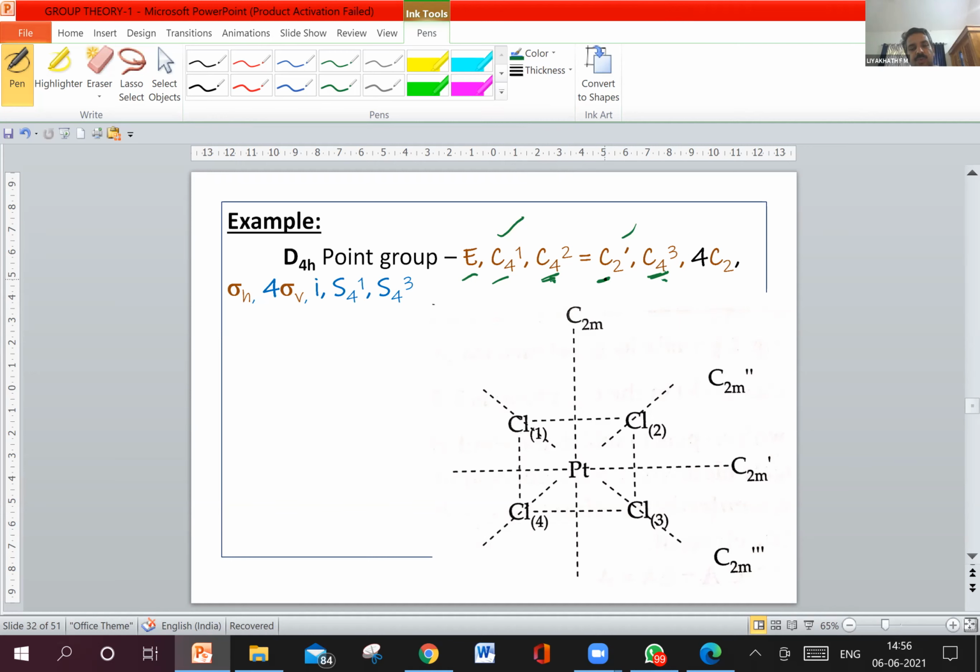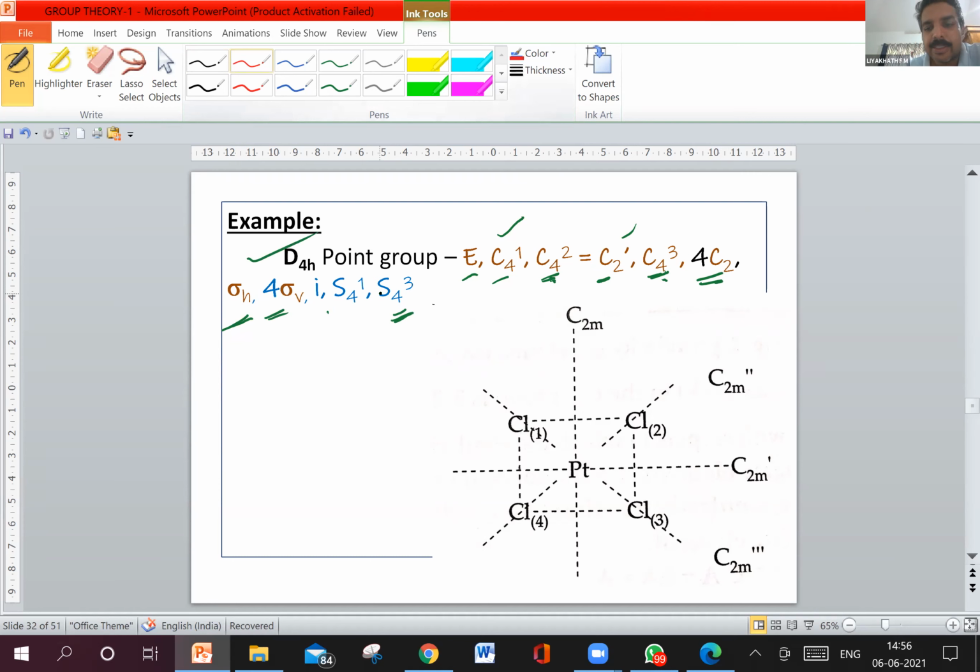C4^2 is actually C2. And there are another four perpendicular C2 axes. There is a sigma h plane, sigma v, i, S4^1 and S4^3. These are the elements present in the D4h point group.